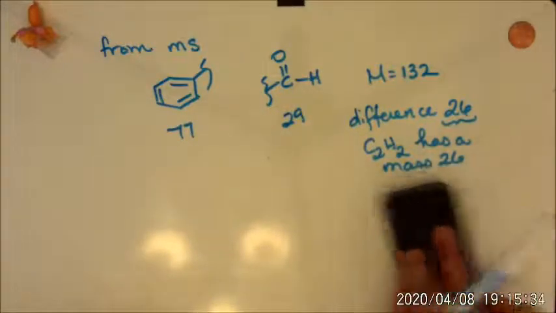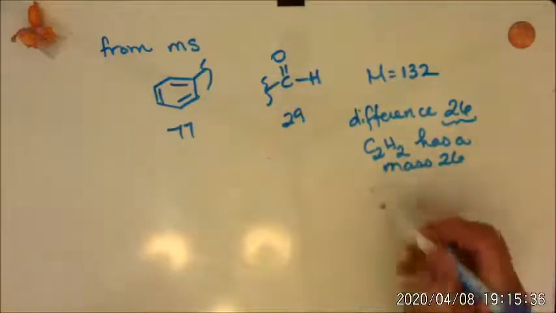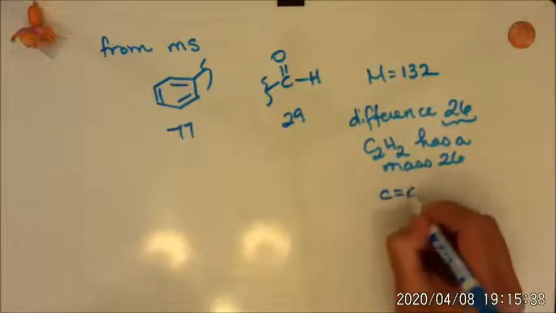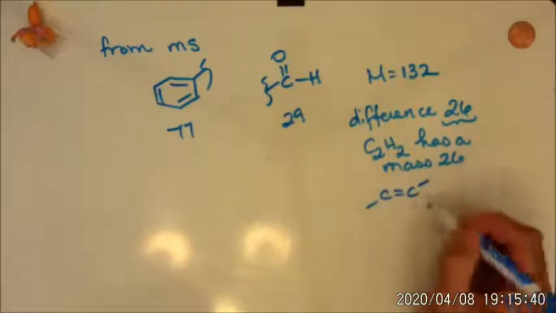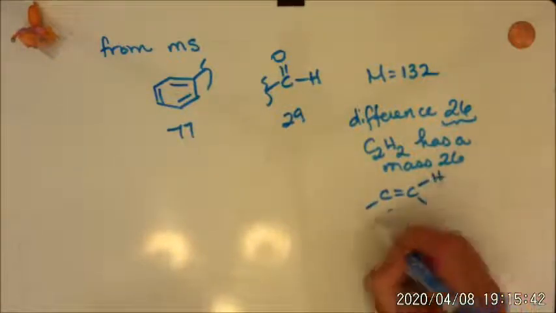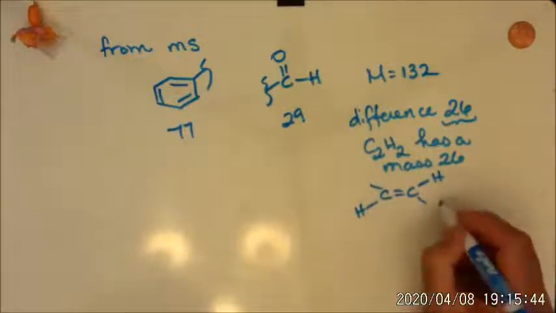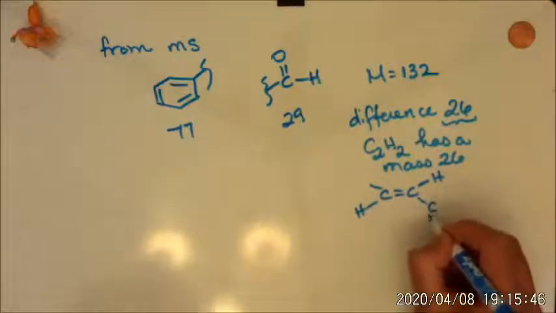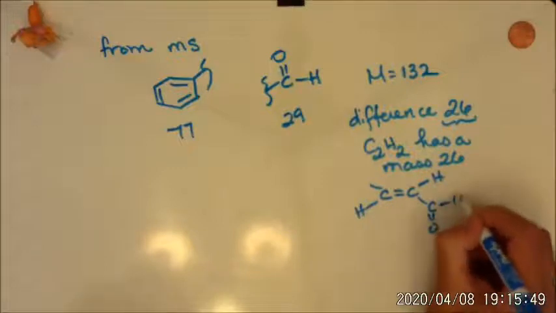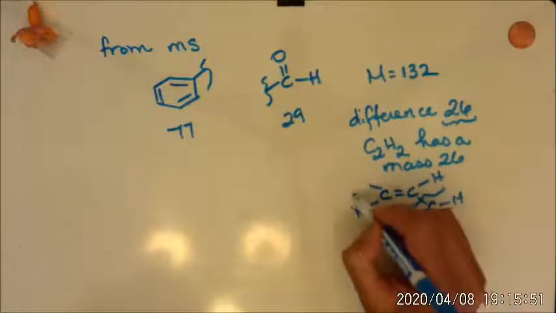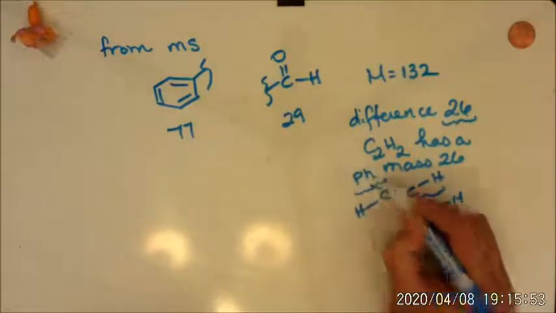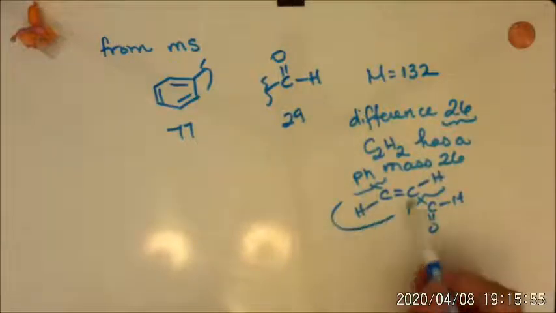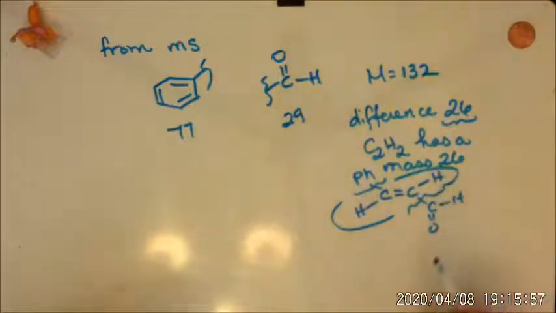So the only possibility then is that I have in this molecule something like this. Do I know it's trans? No. I'm just drawing it that way just because. You could draw it cis. But we're looking at something like this.